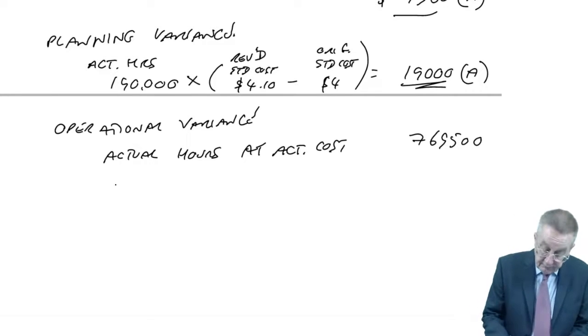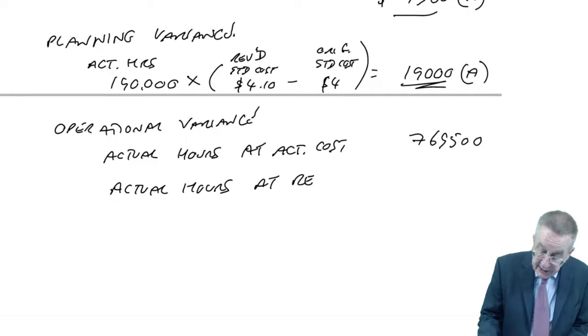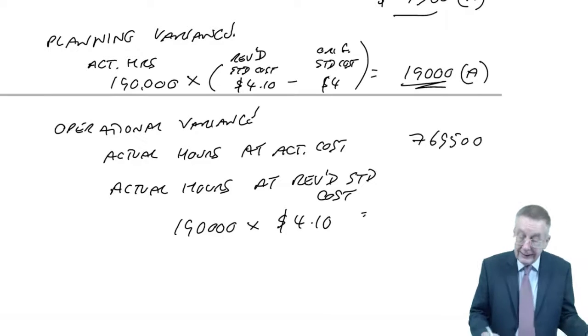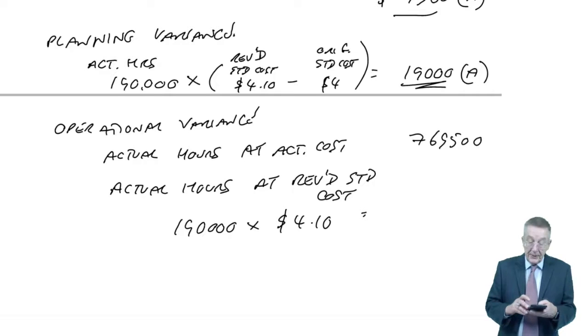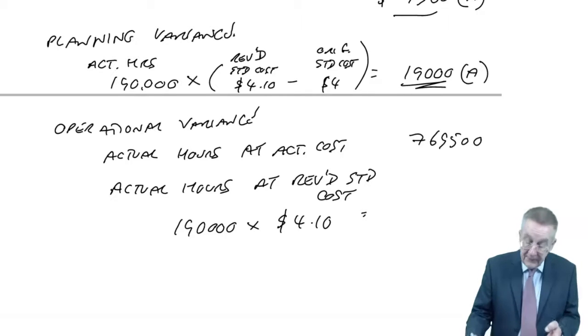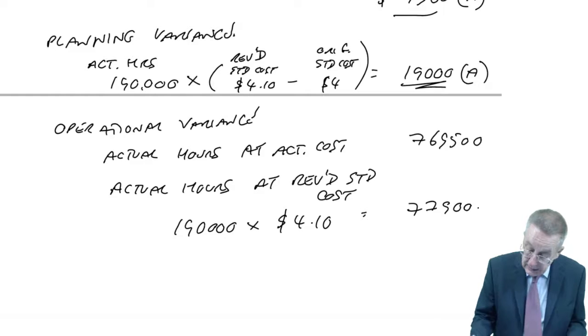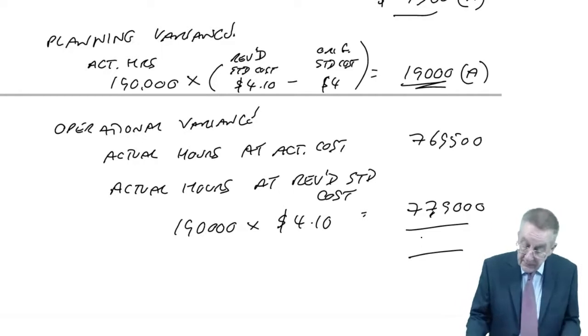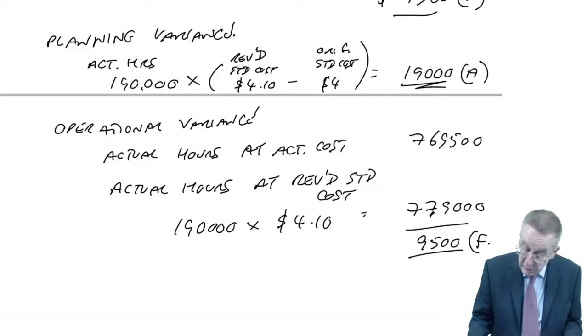And we'll compare it with the actual hours at the revised standard cost. So it was 190,000 hours. The revised standard, you should have been spending $4.10 an hour. So 190,000 at $4.10, $779,000. And so what's the variance? I think it's 9,500 favourable.